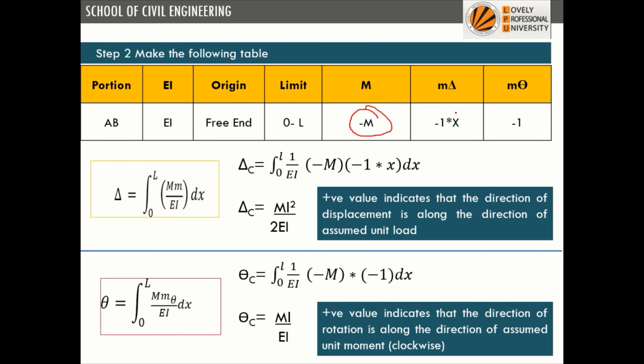And for the point load, for deflection we use a unit point load, so it is minus 1 into X. So we multiply these two values and put them here. We'll get the deflection at C as ML square upon 2EI. For slope, we'll use this capital M and this M into theta. M is minus M and M theta will be minus 1 only.